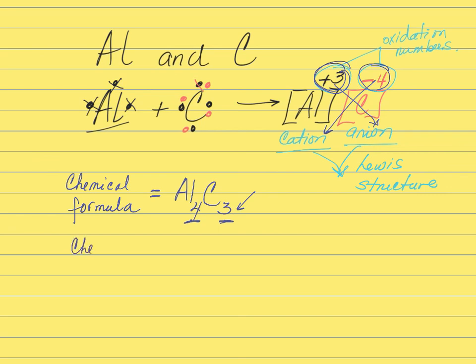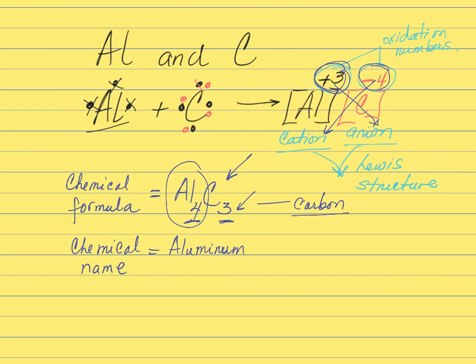What is the chemical name for this compound? Okay, aluminum is the cation, the cations never change the name, so aluminum is gonna continue as aluminum. And then the anion, remember, is carbon.